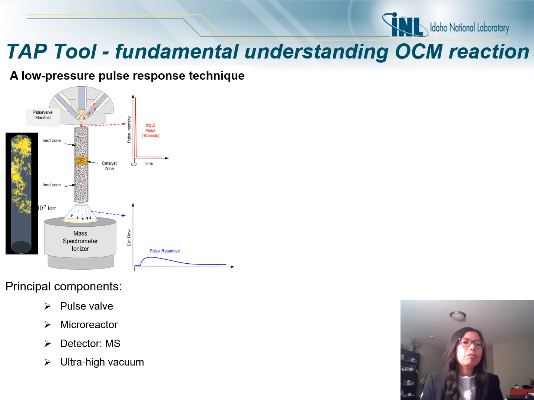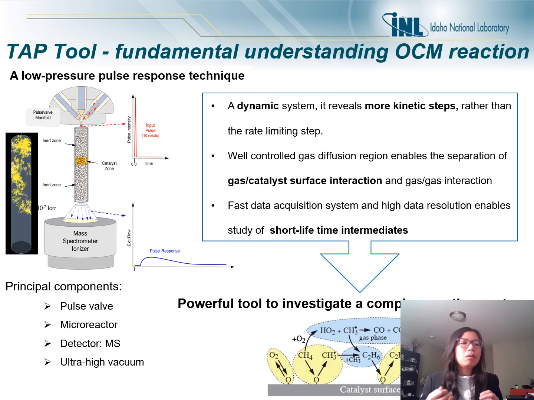The concept of the TAP reactor is different from the flow reactor. It is a dynamic system. It can reveal more kinetic steps, rather than the rate-limiting step information from the steady-state flow reactor. Therefore, TAP is a powerful technique to investigate reaction mechanisms and kinetic steps.